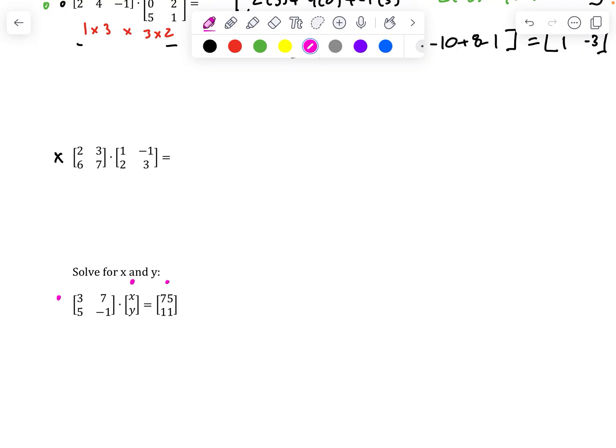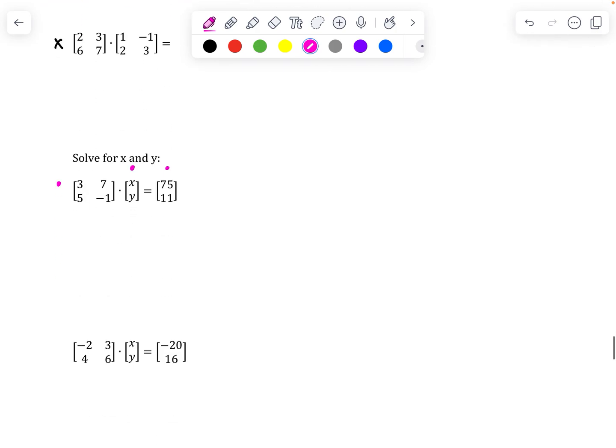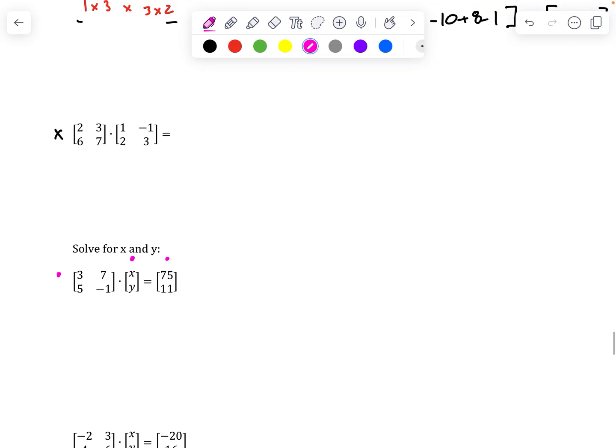So my first row, 3 times x plus 7 times y equals 75. Let's do our second one. 5 times x minus 1 times y equals 11.